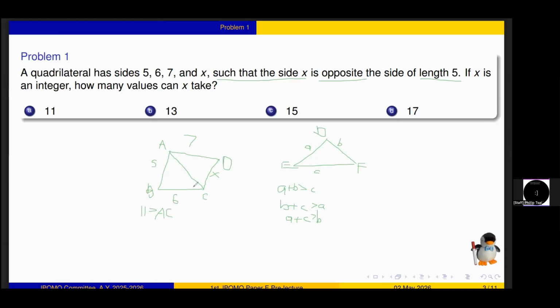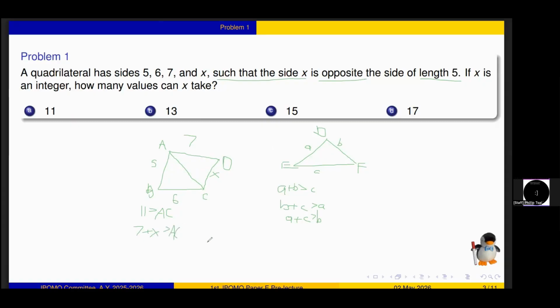For triangle ACD we know that 7 plus x is greater than AC.